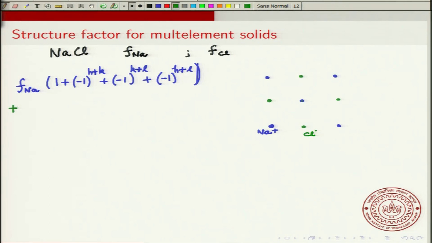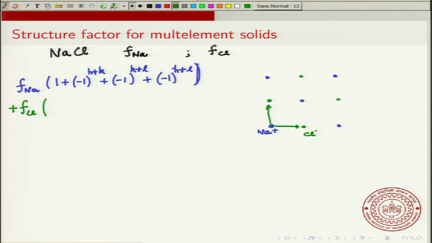you will get the terms due to the chloride ions. The location of the chloride ions is basically, you need to consider 4 of these chloride ions. One will be at the center of the cube, at the body center, and the remaining 3 will be at the edge centers, and there will be one perpendicular to the screen, that will come directly above this point, at z equal to half.